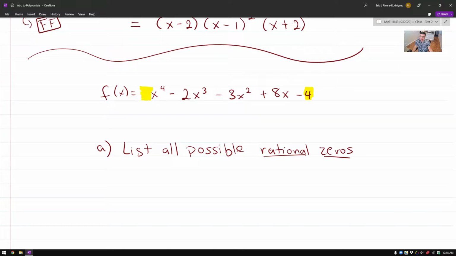The leading term is the term with the highest power. So we have the leading term here, but the coefficient is missing because it is just 1. When we are working with multiplication, if the number is 1, we omit it because it doesn't have an effect on the multiplication or the product. Okay, but those two numbers are important.